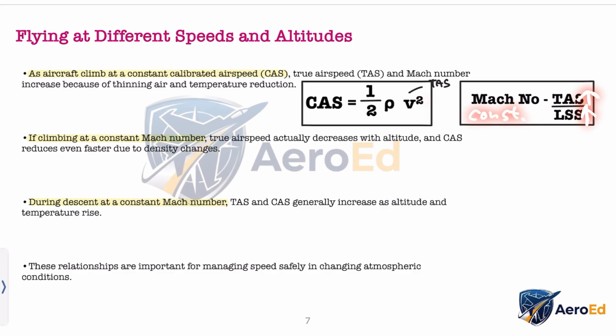As we know, as we go down, the density increases. So density also increases, and here you can see the true airspeed also increases, and thus the calibrated airspeed also increases. So here it is saying that during descent at a constant Mach number, TAS and calibrated airspeed generally increase as altitude and temperature rise. So these relationships are important for managing speed safety in changing atmospheric conditions.